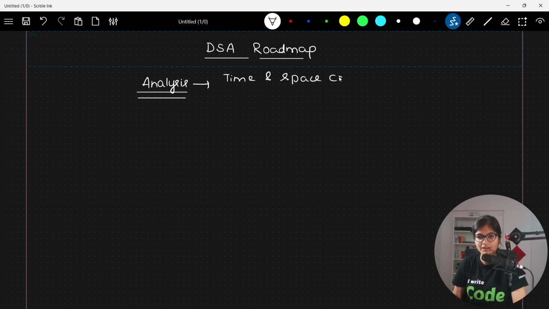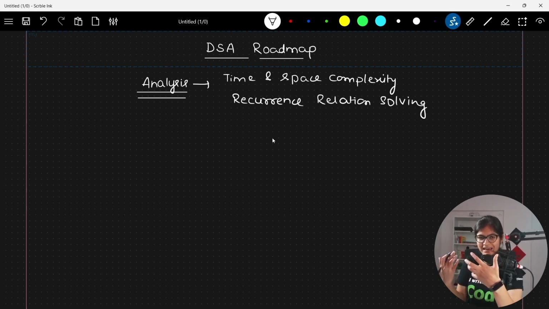You should know the importance of recurrence relations and how to solve any recurrence relation. This is, I would say, the core of data structures and algorithms, where you mainly learn three methods: substitution, Master's theorem, and the recursion tree approach.